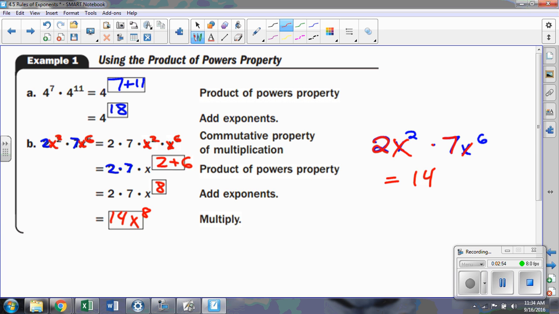Variables get multiplied with variables, but they have the shortcut of adding the exponents. 2 plus 6 equals 8. We're done. The notes part just writes it out with every single step, showing you every single piece in the thought process, but that creates a lot more writing than you actually need.